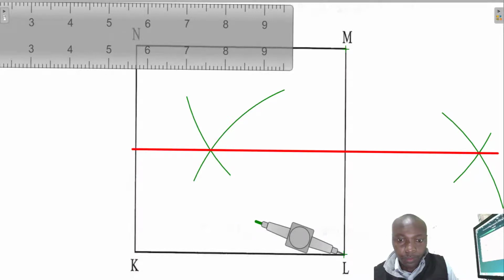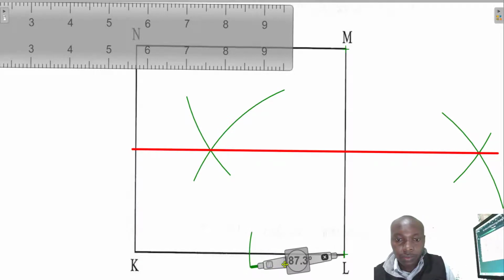Then from there you can mark an arc on this line, then with the same radius, without changing the radius, you mark an arc there.